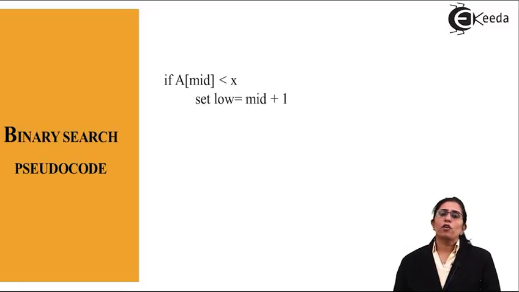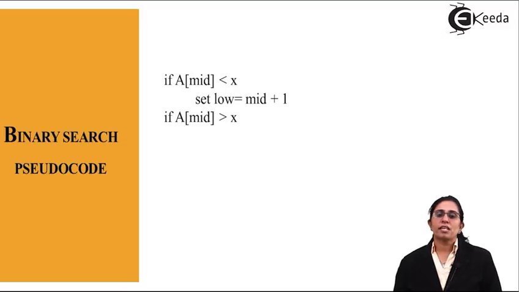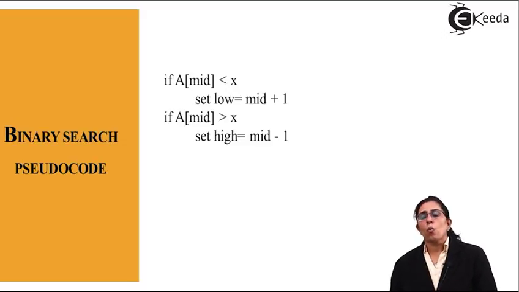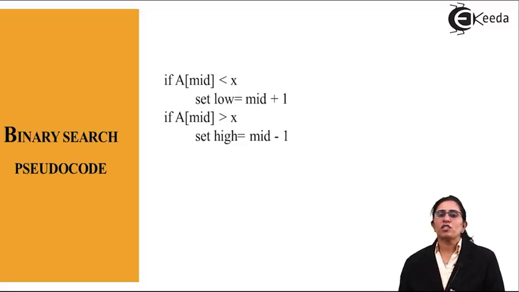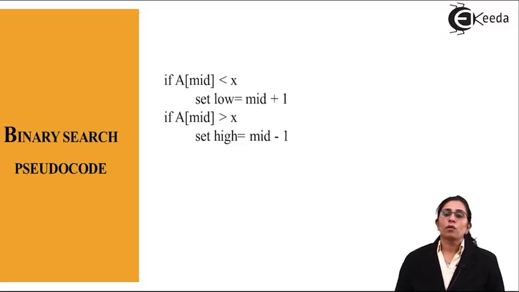So we've seen that if the element to be searched is to be found on the upper bound, then low is equal to mid plus 1. And if the element to be searched is less than mid, that is, my mid is greater than the element to be searched, then I say high is equal to mid minus 1. Here my high becomes mid minus 1; my mid was 3, so 3 minus 1 is 2, so high becomes 2. So we see that the values of low and high will vary depending on whether the element to be searched is greater than mid or less than mid.